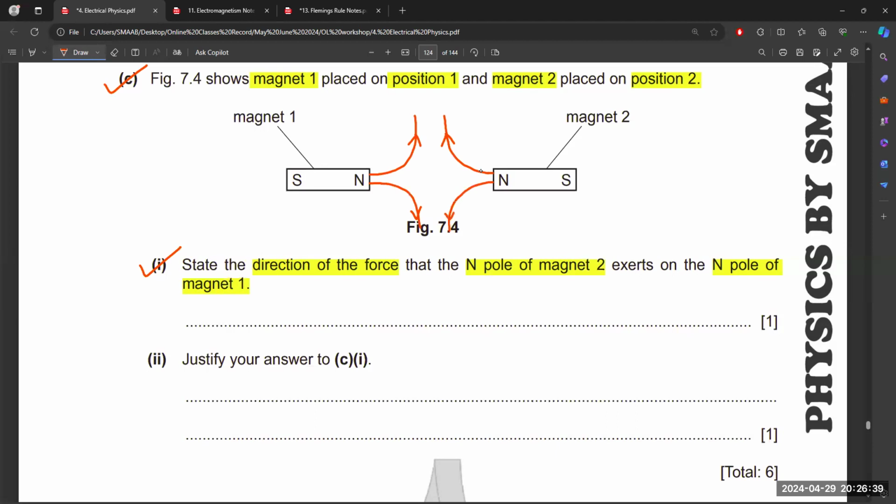We know north and north will repel each other. So the force that the north pole of magnet 2 exerts on magnet 1 will be repulsive. So from the north pole, definitely it will be forced towards the left hand side.